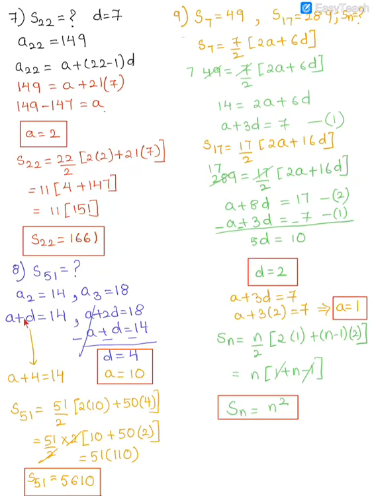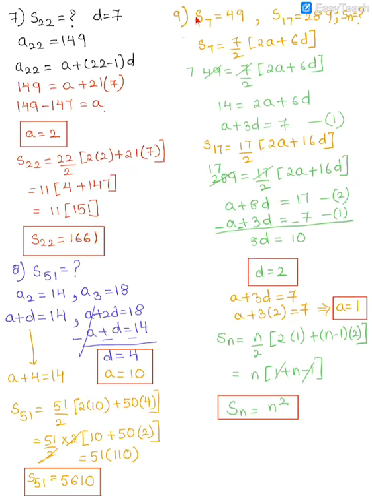If I put this D as 4 here, I am getting A as 10. Now I've got both the value of A and D. So S51 is equal to 51 by 2 twice of A plus 50D. I'm taking a 2 common outside and making it a little smaller, giving me S51 as 5610.